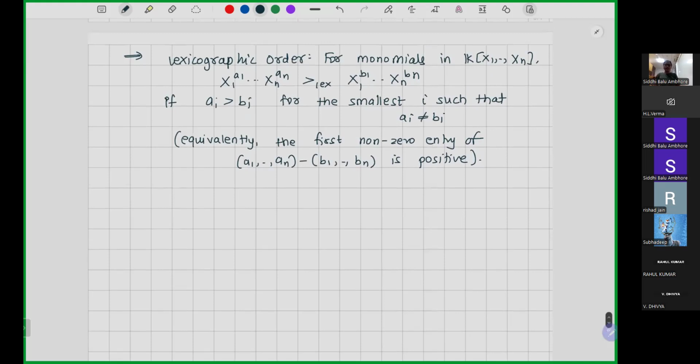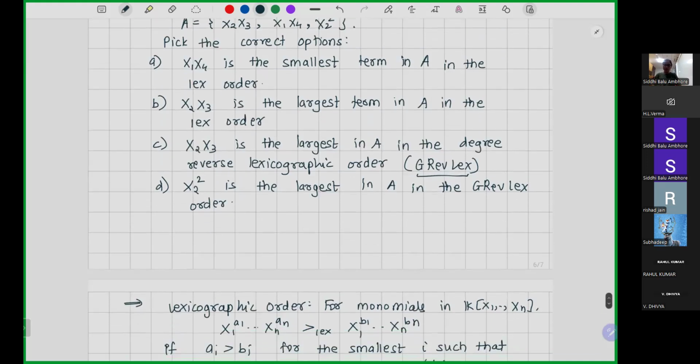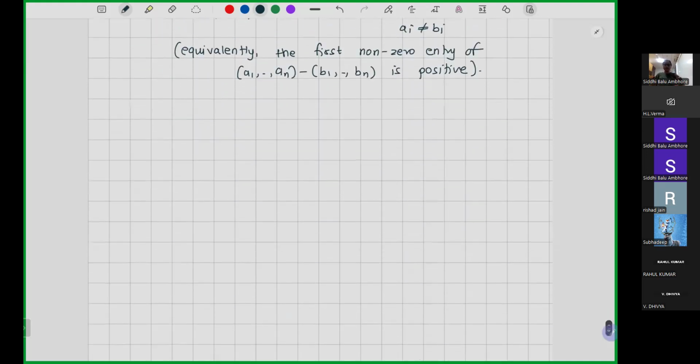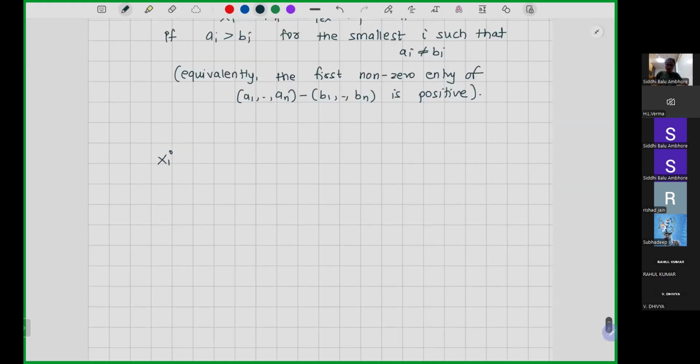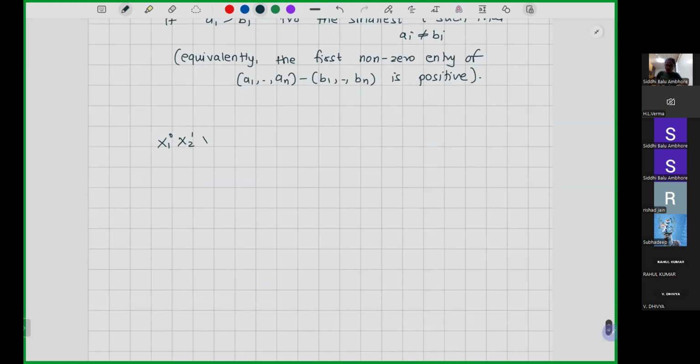So they are asking whether x1x4 is the smallest and whether x2x3 is the largest term in A or not. So what are the three terms which we have to compare here? The first term is x2x3, so x1 power 0, x2 power 1, x3 power 1, x4 power 0.